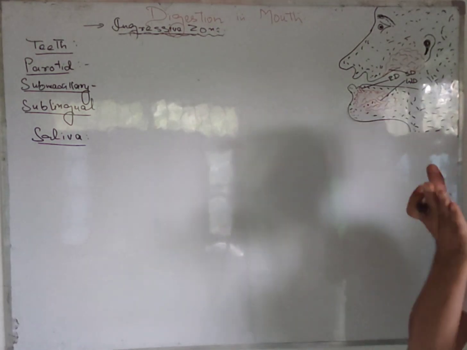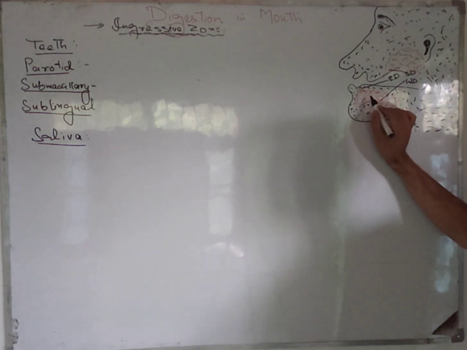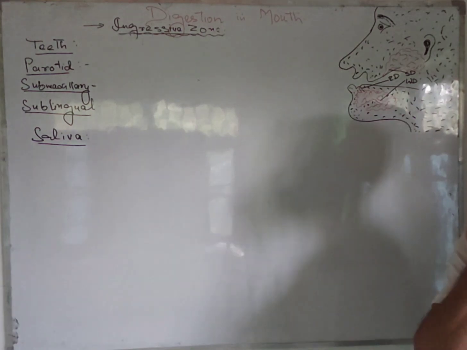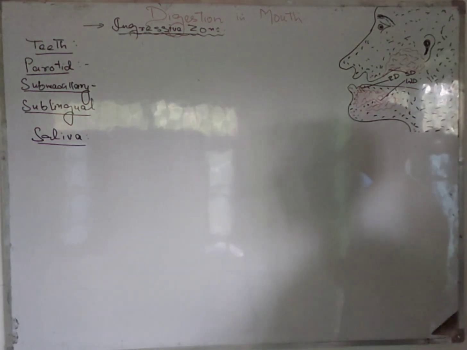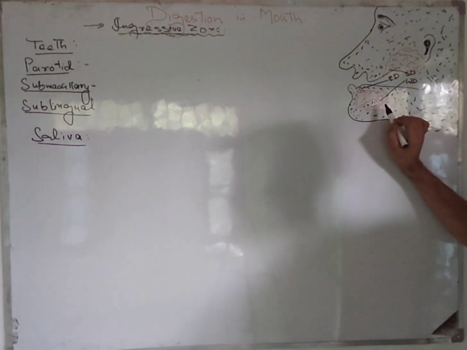The second one lies just beneath our tongue, and these are called the sublingual glands. The third one lies associated with our maxilla, on either side of our buccal cavity, and these are accordingly called the submaxillary glands.